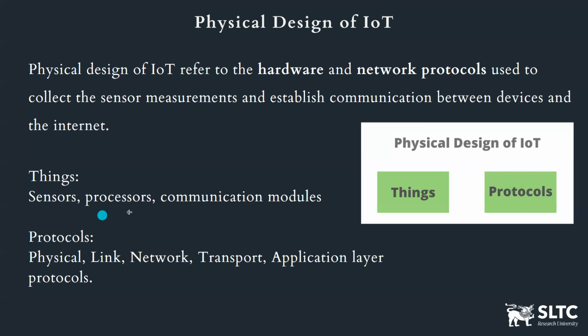We can consider sensors, processors, and communication modules as IoT things. As for protocols, we have different protocols that will be used, such as physical layer, link layer, network layer, transport layer, and application layer protocols. We will discuss these things and protocols in sequence.